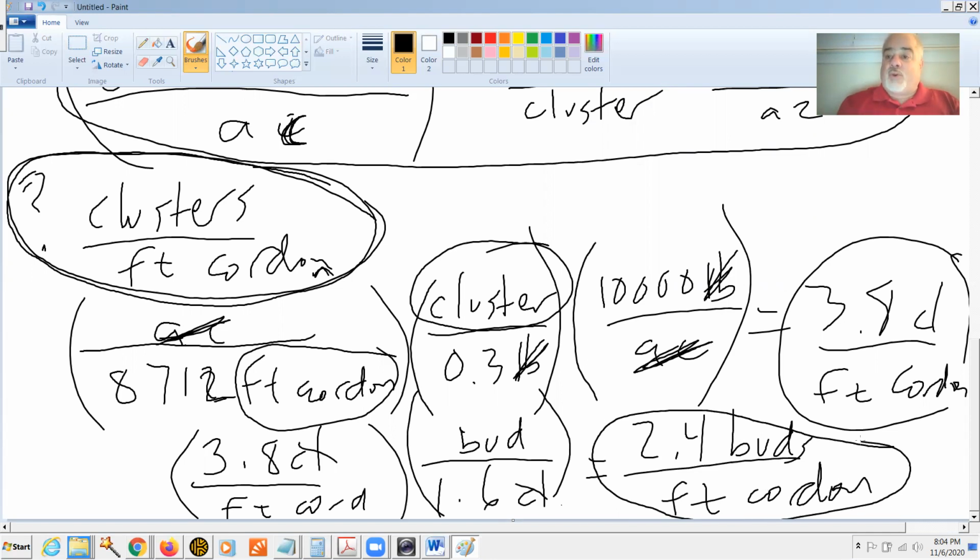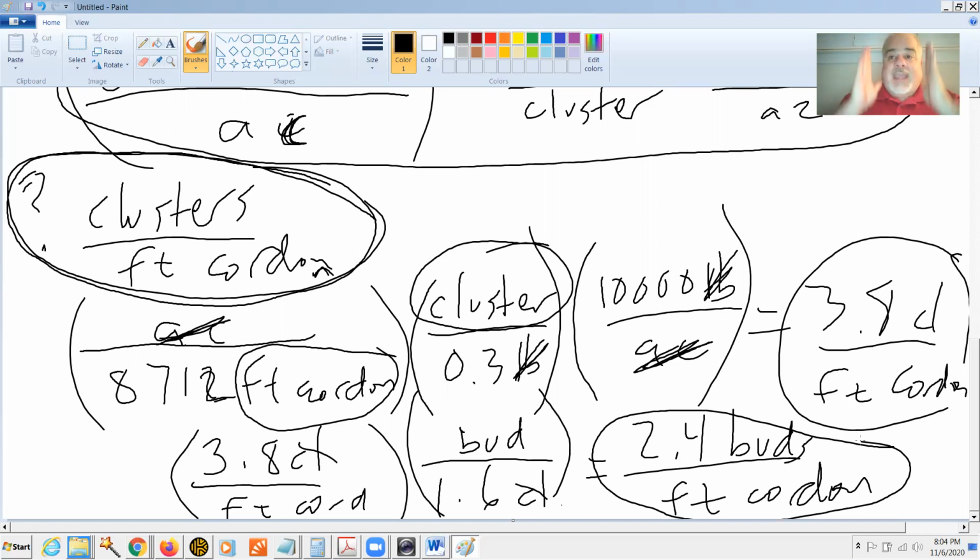When it's time to prune, based on the best information I have at pruning time, now I can say, all right, we want X number of pounds per acre. We did the calculation. Please prune these vines to leave 2.4 buds per foot of cordon.